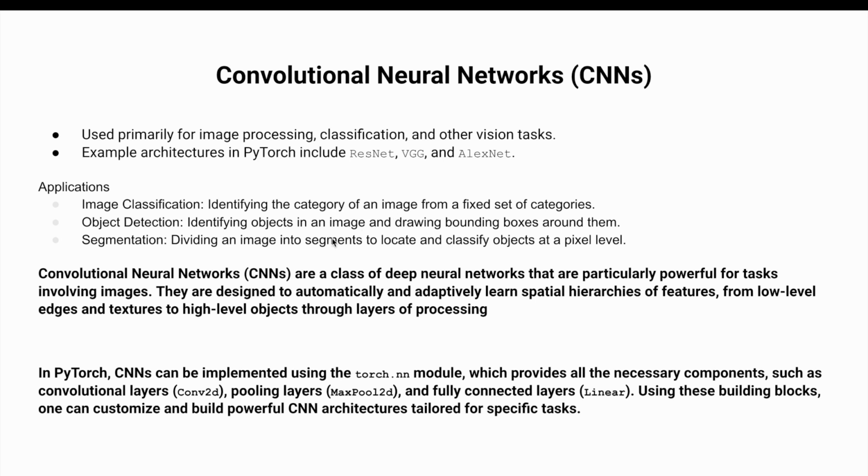And convolutional neural networks are also used in segmentation. That's dividing an image into segments to locate and classify objects at a pixel level.